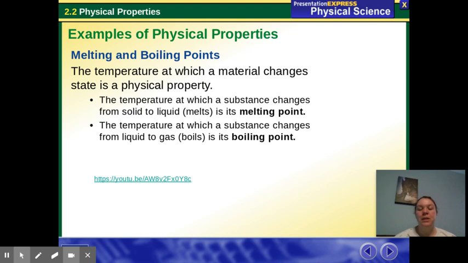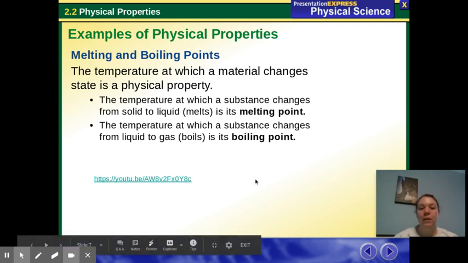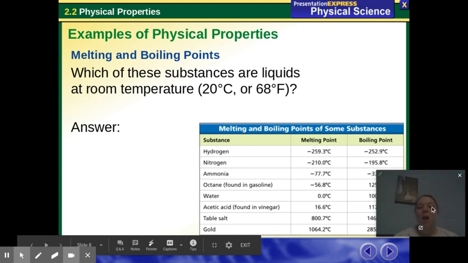So at 0 degrees, water is kind of in that limbo where it can freeze or melt. Boiling point is going to be 100 degrees Celsius. So at that point, it can be a liquid or a gas. That's where it's just starting to turn over.